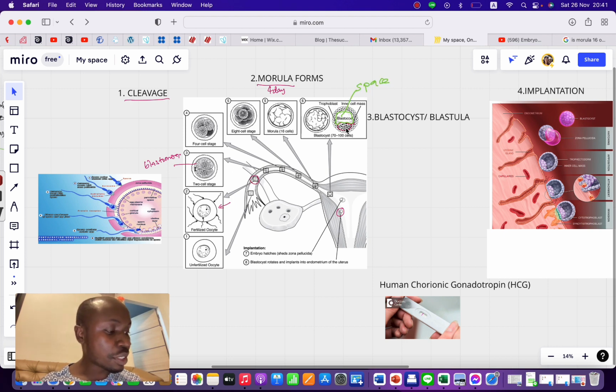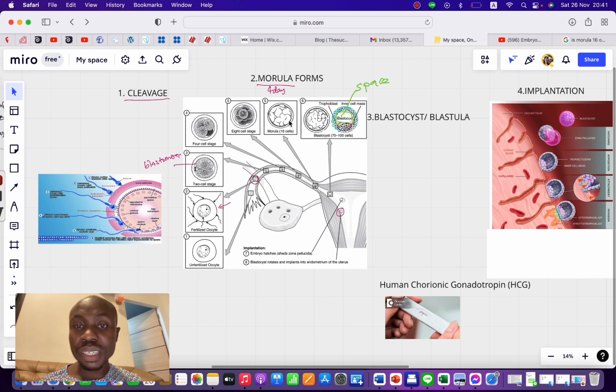Now, around the structure, we have some cells. Let me use blue color to show these cells. They are around the structure. We call those cells trophoblast. Okay. So what happened?